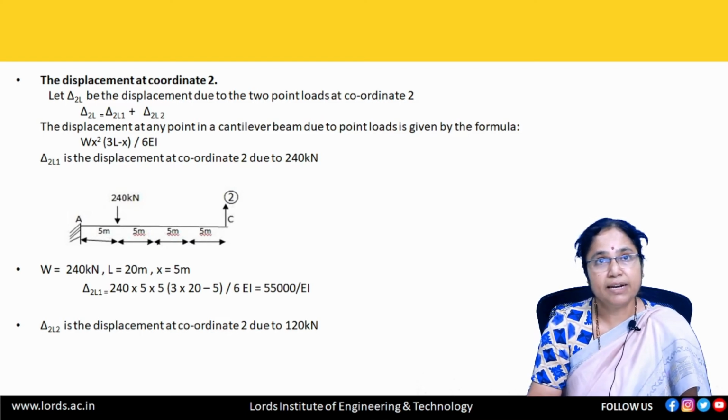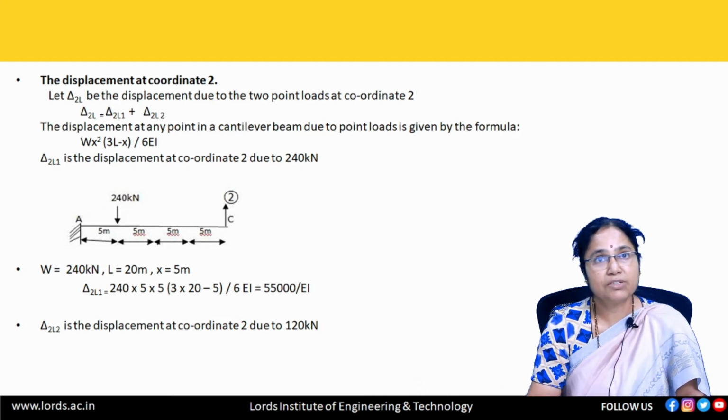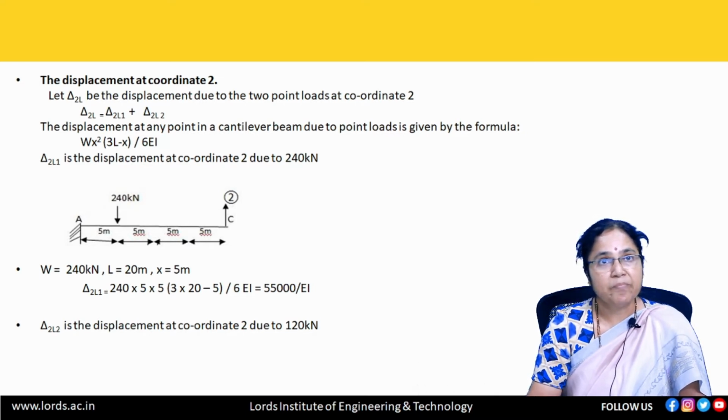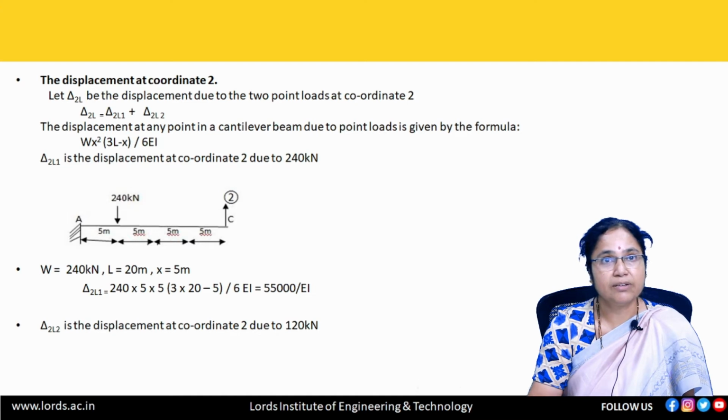The displacement at any point in a cantilever beam due to point loads is given by the formula Wx square into 3L minus x by 6EI. So delta 2L1 is the displacement at coordinate 2 due to 240 kilonewtons. So W equals 240, L equals 20 meters and x equals 5 meters.